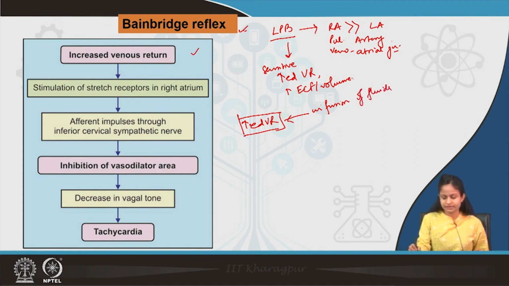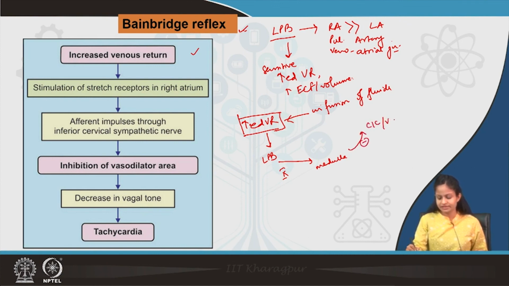What will happen? This will stimulate the low pressure baroreceptors. Low pressure baroreceptors with the help of vagus nerve will stimulate the medulla, and there will be inhibition of the cardiac inhibitory center or cardiac vagal center. Whenever there is inhibition of the cardiac vagal center, it will give rise to increase in the heart rate or tachycardia.